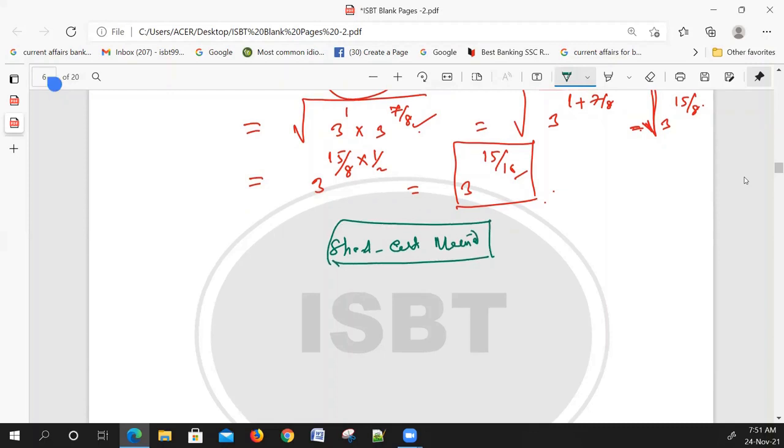Here we can write the answer should be 3 to the power, 15 को लिख सकते हैं 2 to the power n minus 1 divided by 2 to the power n. Suppose the value of x should be 3 to the power 2 to the power n minus 1 by 2 to the power n.